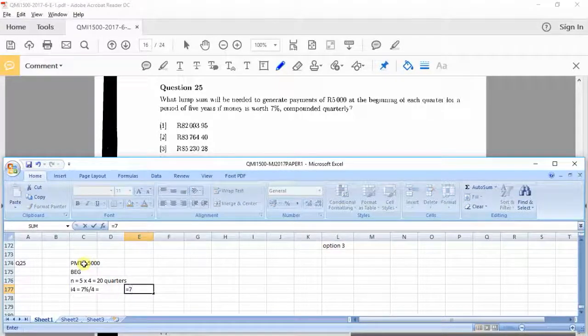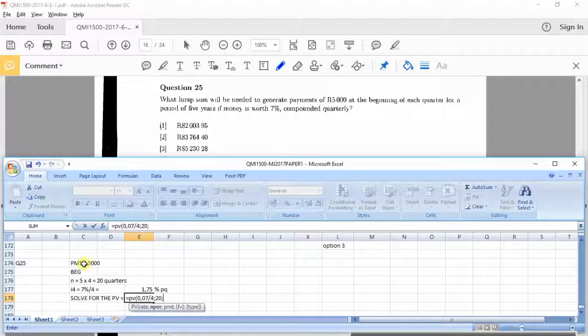I/4 is the quarterly interest rate. 7% divided by 4 equals that percent per quarter.